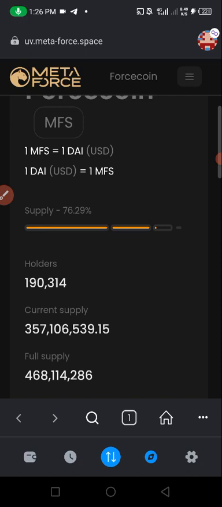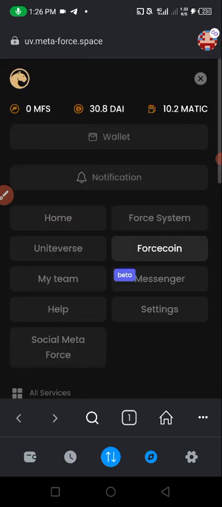By then there will be little supply of ForceCoin and high demand for ForceCoin. This process will boost the price of ForceCoin. The only way you can get ForceCoin is through the Universe program.